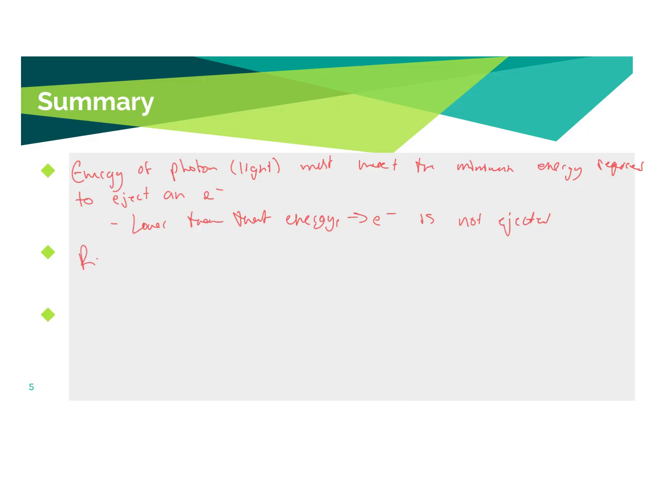Another consequence is the rate of emission of photoelectrons. This is just another way to say electrons that were emitted using light, and it is called the photoelectric current.